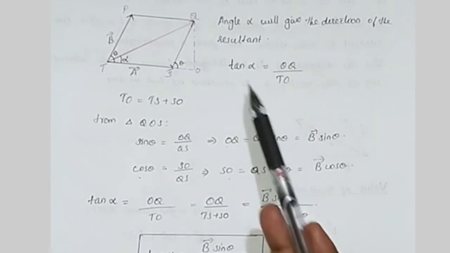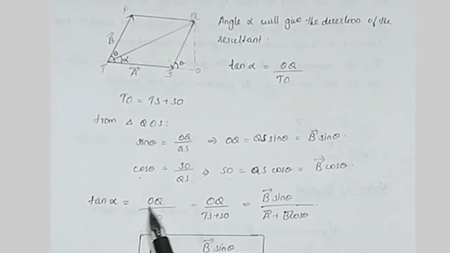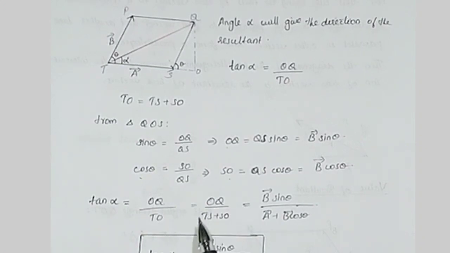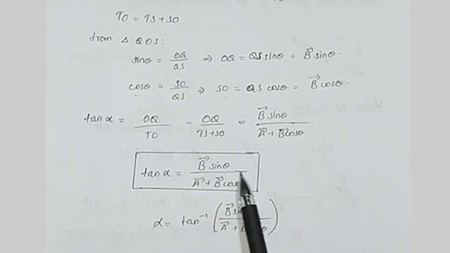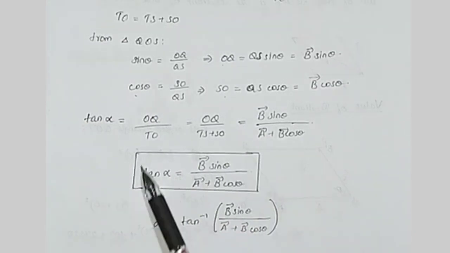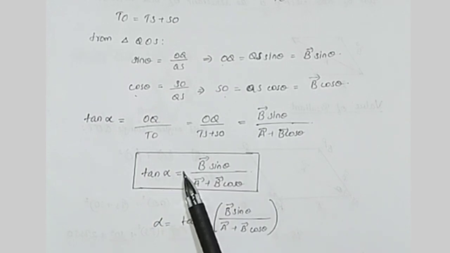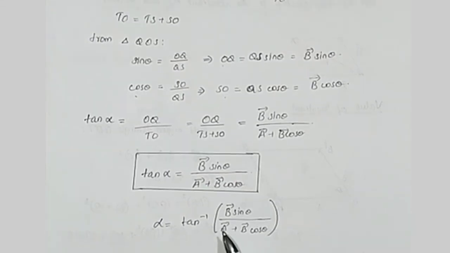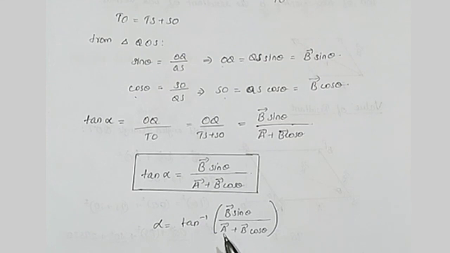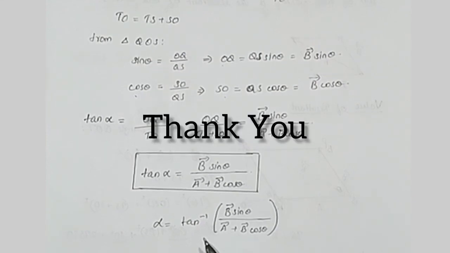Now we can write the expression for tan alpha as OQ by TO, which is equal to OQ by TS plus SO, and OQ is B sin theta, TS is vector A, and SO is B cos theta. Thus tan alpha is equal to B sin theta divided by A plus B cos theta. This gives the direction of our resultant vector, from which we can write alpha is equal to tan inverse of this expression. So this is how we find the resultant of two vectors and the direction of the resultant.